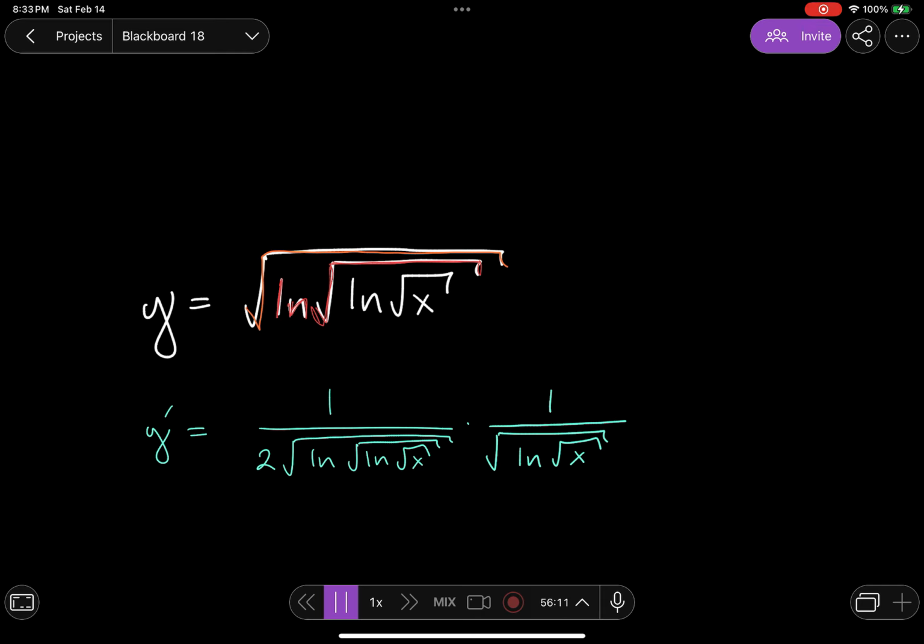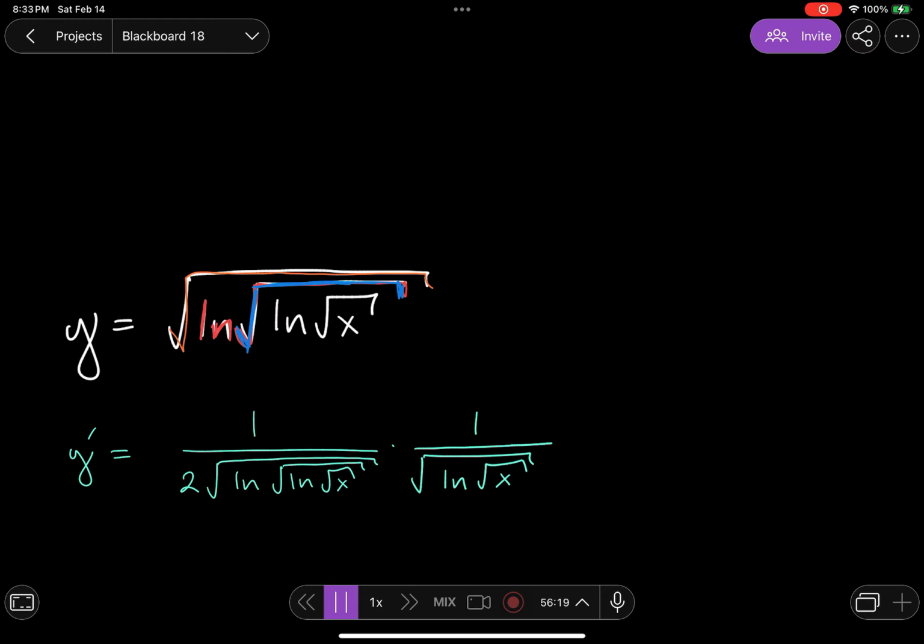But then I have to multiply by the derivative of this blue function, because that was on the inside of the natural log. So the derivative of that blue function is the derivative of the square root. That's going to be 1 over 2 times the square root of this function that was on the inside, 1 over the square root of the natural log of the square root of x.